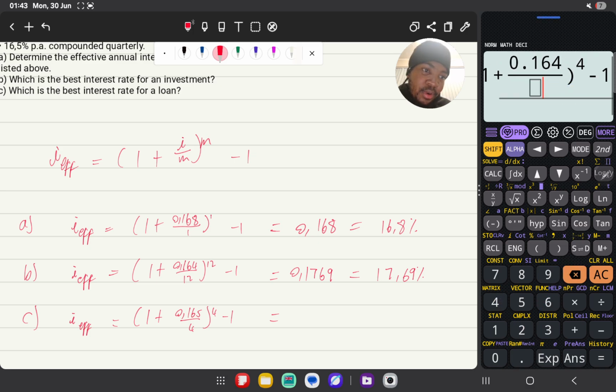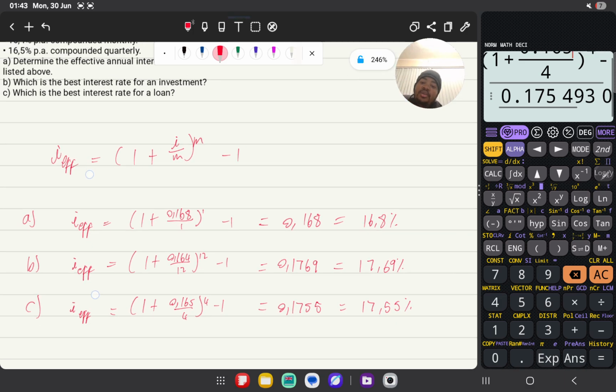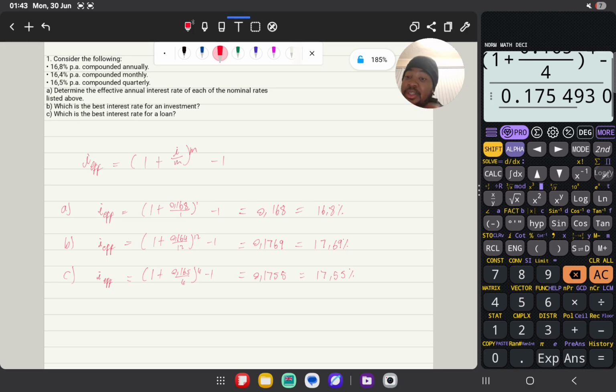I get 0.1755, which is 17.55%. We have found these are all our effective rates for all of the numbers up there.